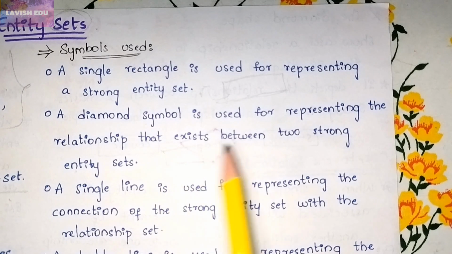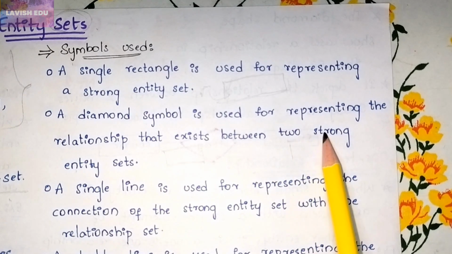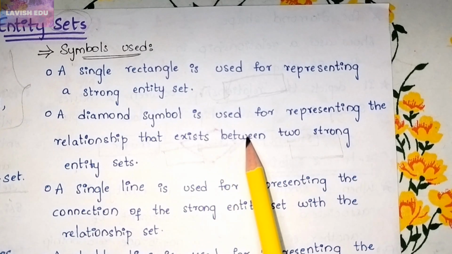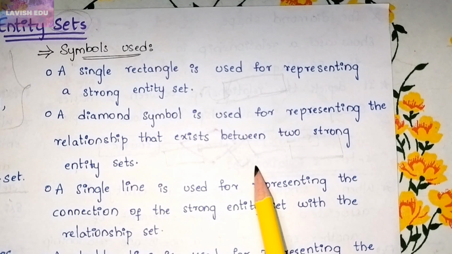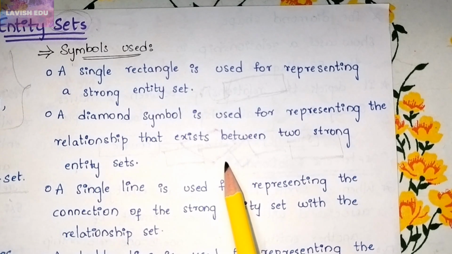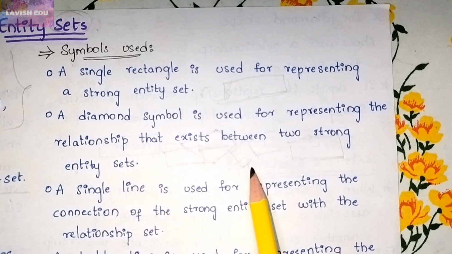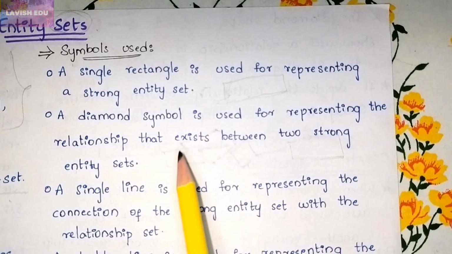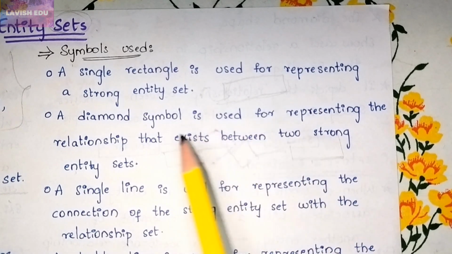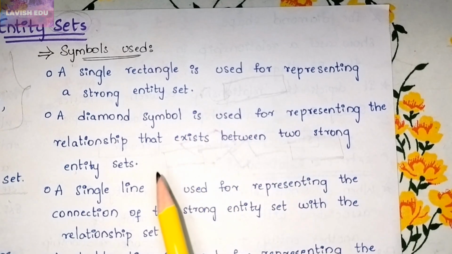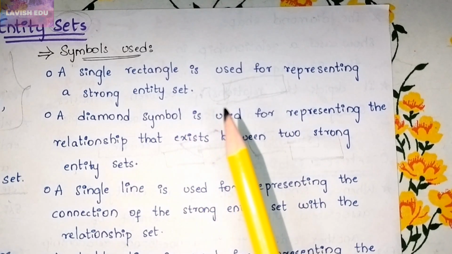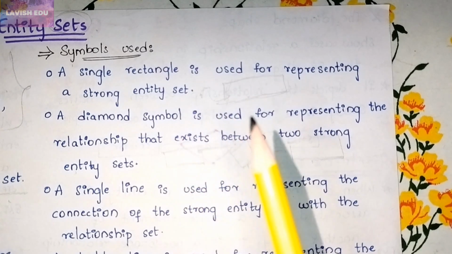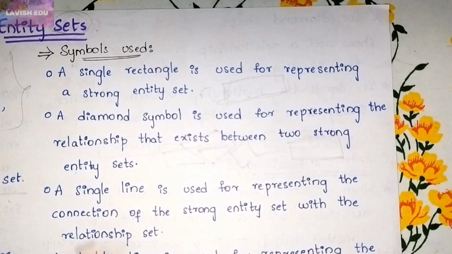As we have seen in earlier classes, two entities are maintained in a relationship, represented in a diamond shape. This relationship is maintained between two strong entities. A strong entity is nothing but a regular entity, whereas a weak entity is an entity not having any primary key values.